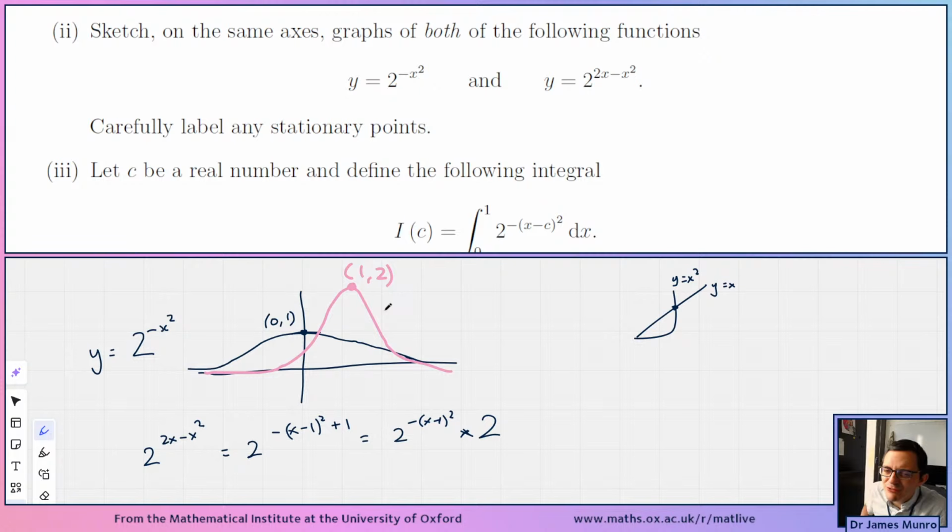How did I figure out the general shape of this curve, it says in chat? Well, to be honest, this curve is kind of boring, but I know the range of x squared. It can be any positive number, and then I know what happens for 2 to the minus any positive number. Well, it could be 2 to the 0, and then as you make that positive number more positive, it just goes to 0.